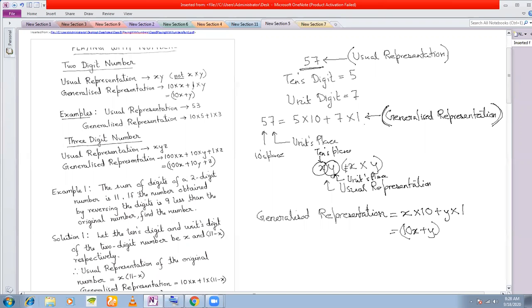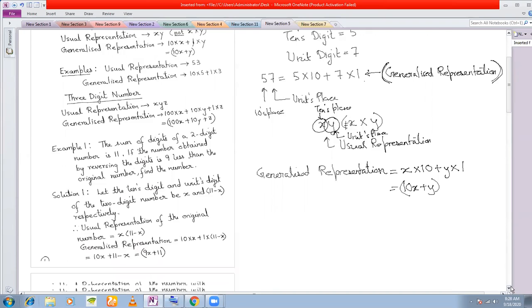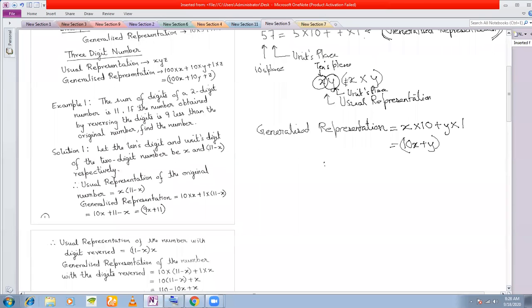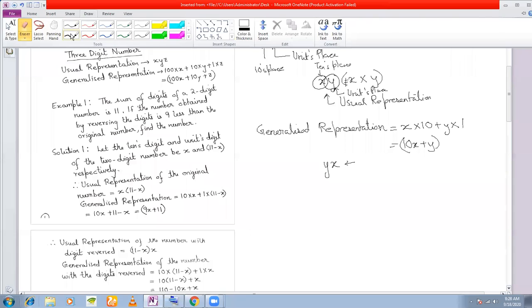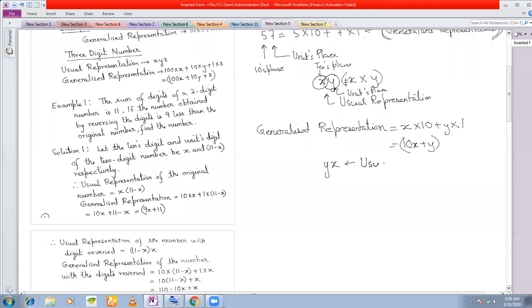Now suppose I reverse the digits, and instead of xy, I give you this number yx, and I say this is the usual representation. Then what should be the generalized representation of the number yx?